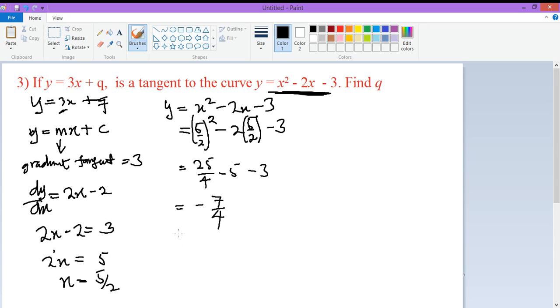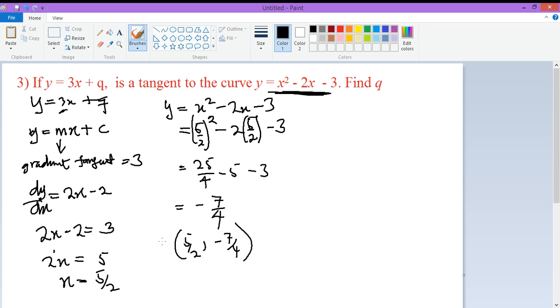So it means that at the point (5 over 2, negative 7 over 4), that is where our line is a tangent. If the line is tangent at this point, then this point will satisfy the equation of this line. So we'll pick these 2 values and substitute into the equation of the line to solve for our q.